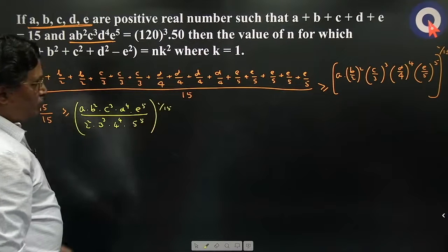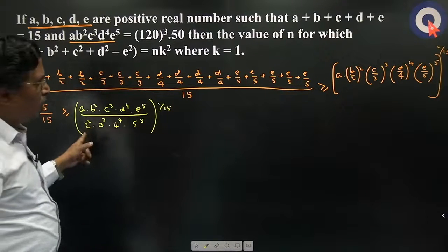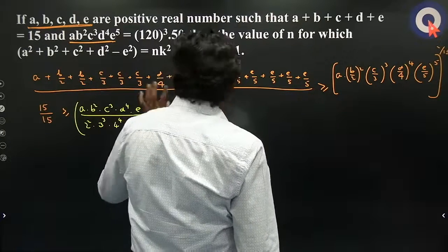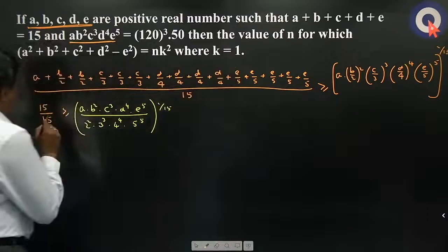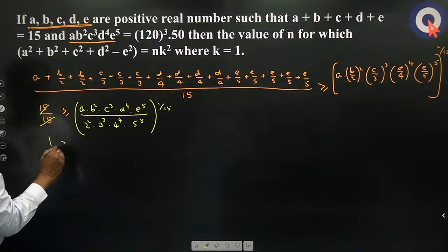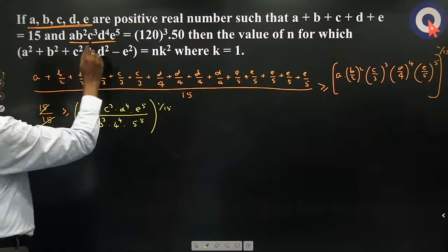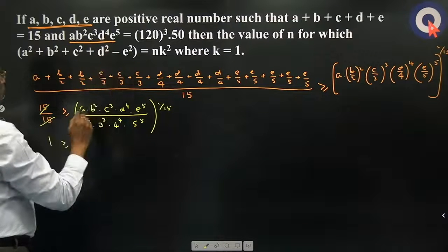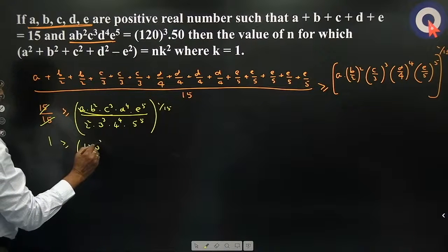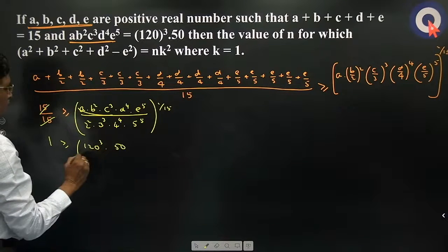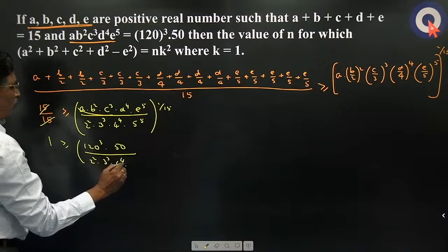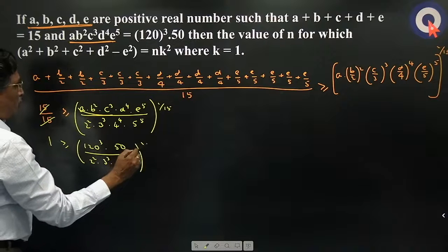Let me check again. I have there 2 square, 3 cube, 4 power 4, 5 power 5, whole power 1 by 15. So this is greater than or equal to a b square c cube d power 4 e power 5. This value is given as 120 cube into 50, divided by 2 square, 3 cube, 4 power 4, 5 power 5, whole power 1 by 15.